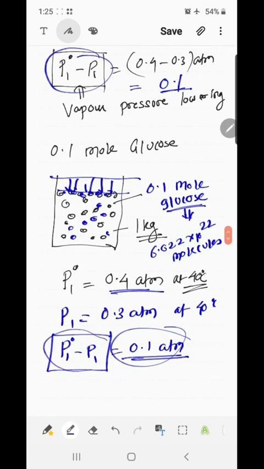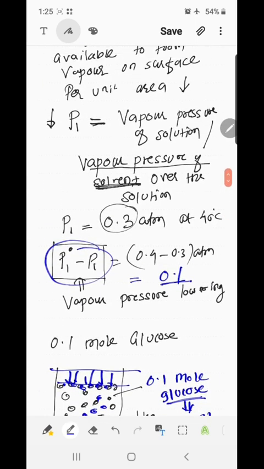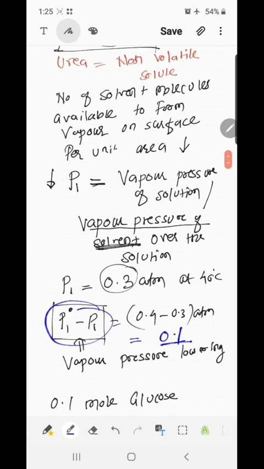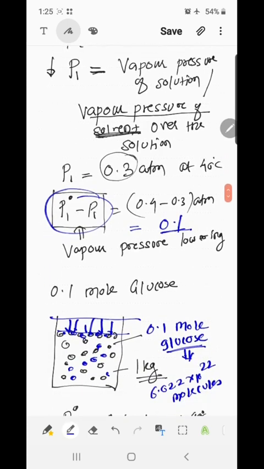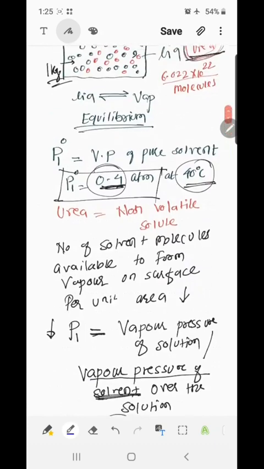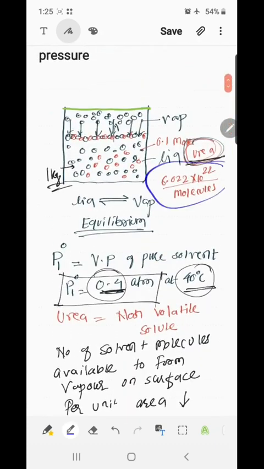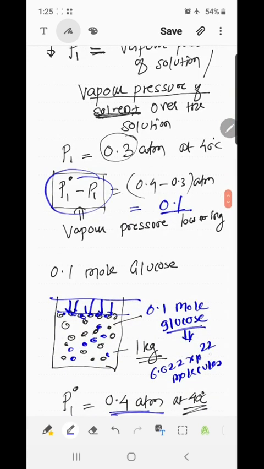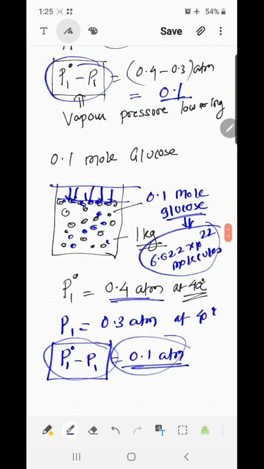So lowering of vapor pressure does not depend on the nature of solute. Which solute you are taking is not important here. It depends only on the number of particles of solute. So since in both the cases, in urea you have taken 6.022 into 10 power 22 molecules and in glucose also you have taken the same number of molecules, the vapor pressure lowers by same quantity.